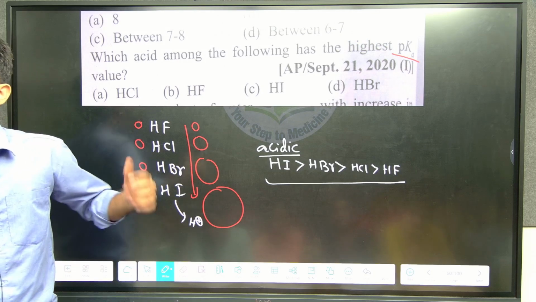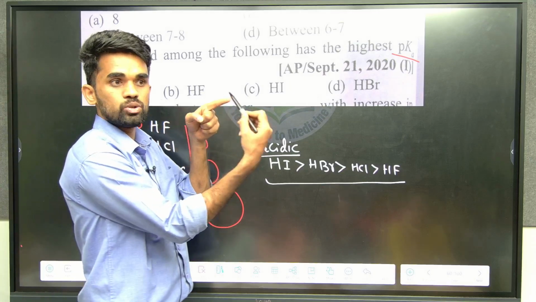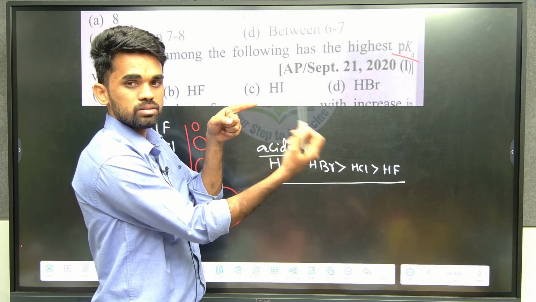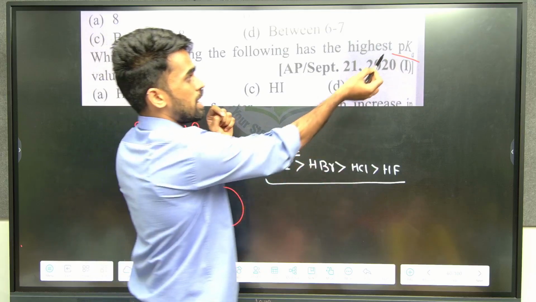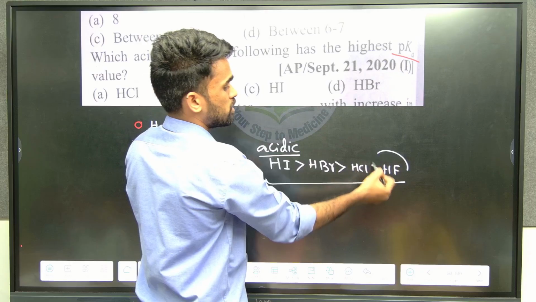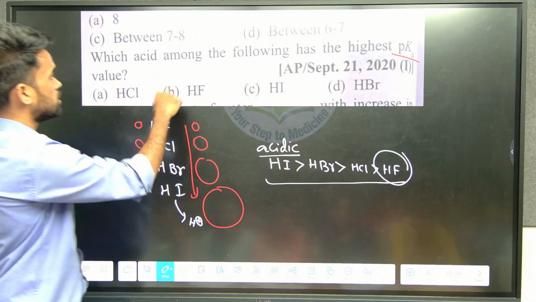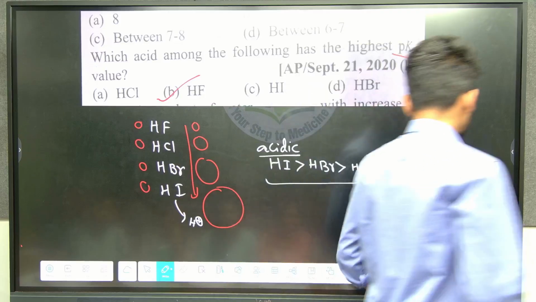Just now we gave, acidic nature is directly proportional to Ka, inversely proportional to pKa. So they are asking for pKa, so reverse of this. So highest is for which one? So what's your answer? Clear everyone? Yes, done. Next.